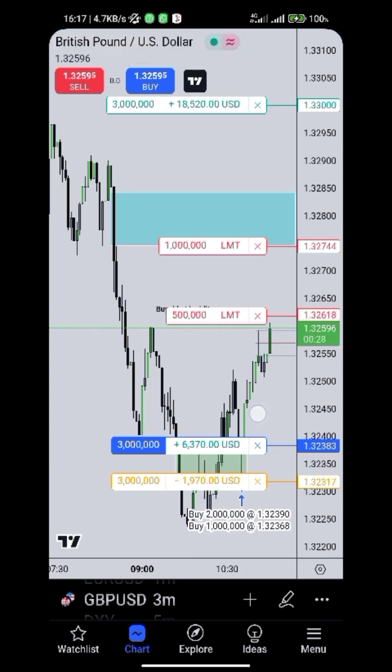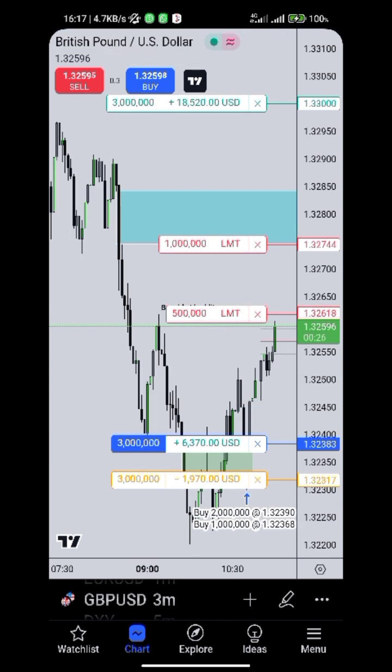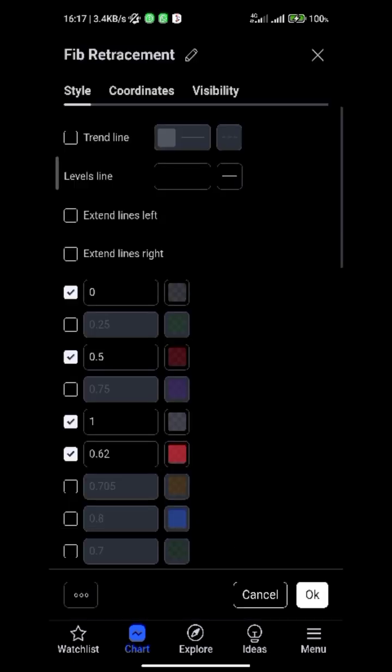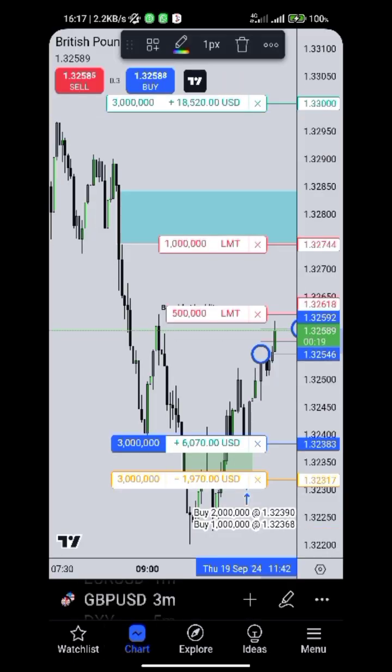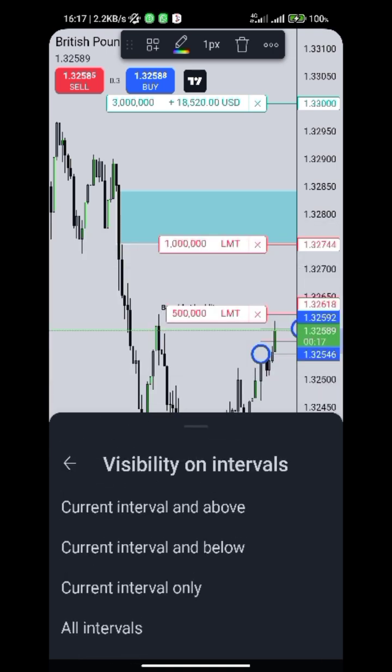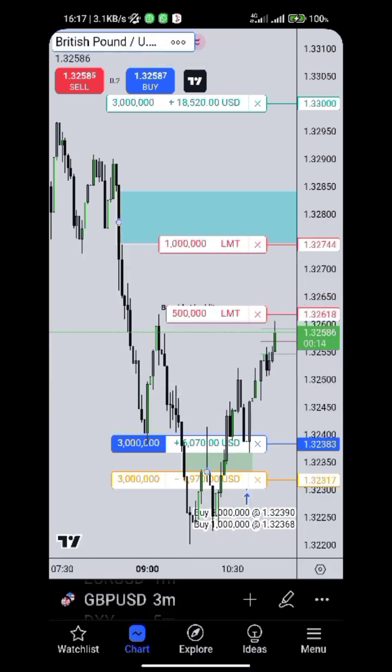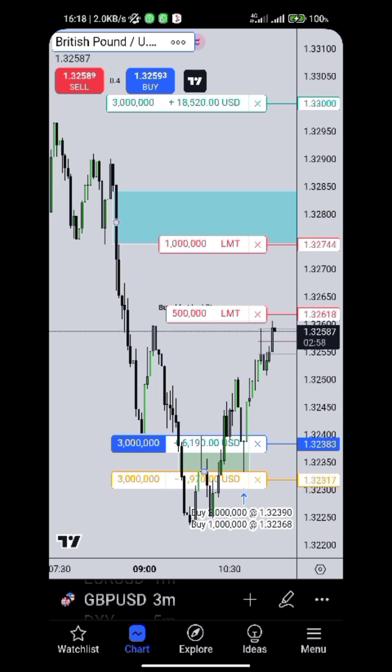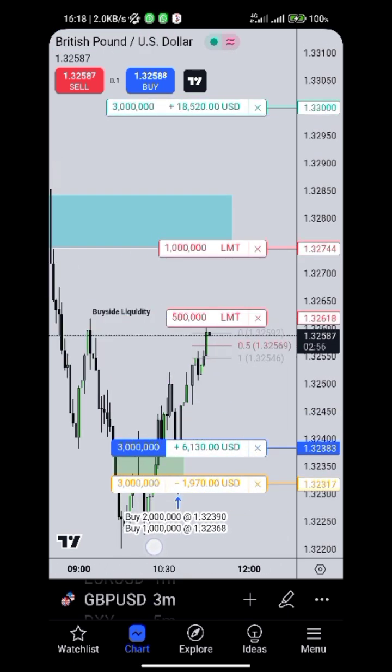So that's the consequent encroachment. So yes, it closed above the midpoint at 1.32569.